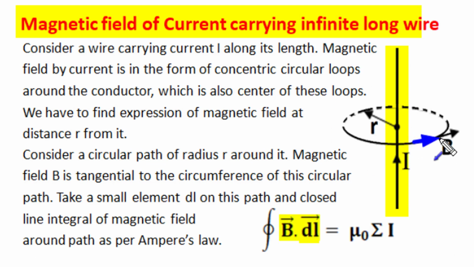Consider an elemental length dl on this path and obtain the closed line integration of magnetic flux density around this closed loop, and as per Ampere's Circuital law it is equal to mu0 times the summation of all enclosed current. Only this current I is enclosed, and as per our right hand convention this current, for this anti-clockwise travel, upward in direction becomes positive.